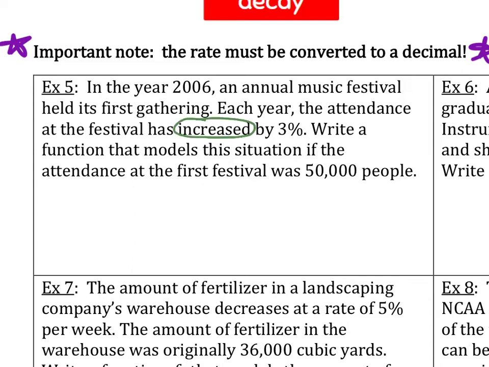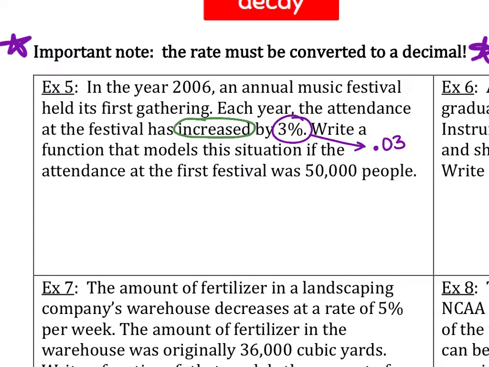We're adding, and that is growth. Amazing. What's the rate that this is growing? 3%. Did that give me B or R? R, which means that I need this as a decimal. So what is 3% as a decimal? 0.03. We move that decimal place twice, Dr. Pepper rule. So 0.03 is what I'm going to be using in my equation.